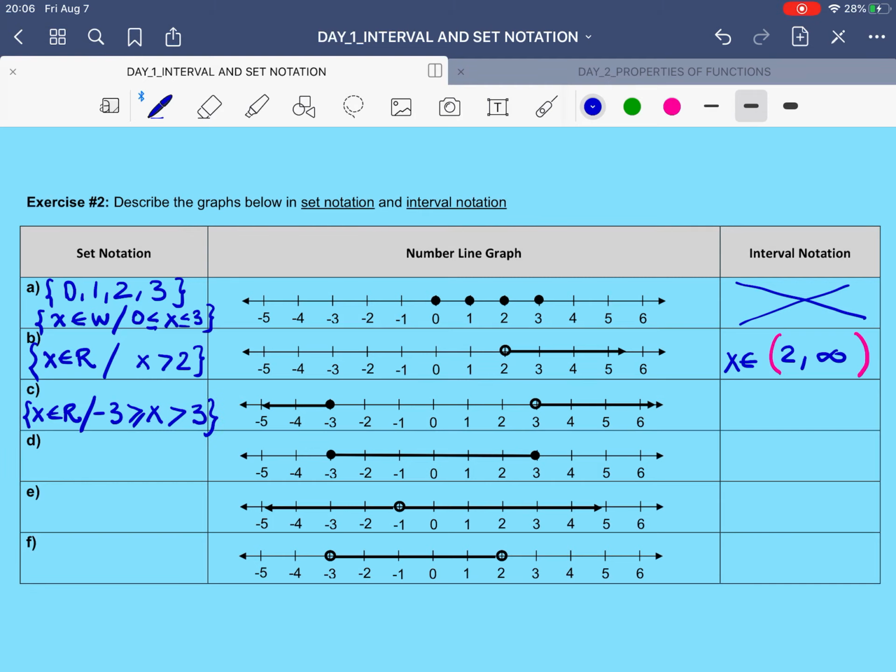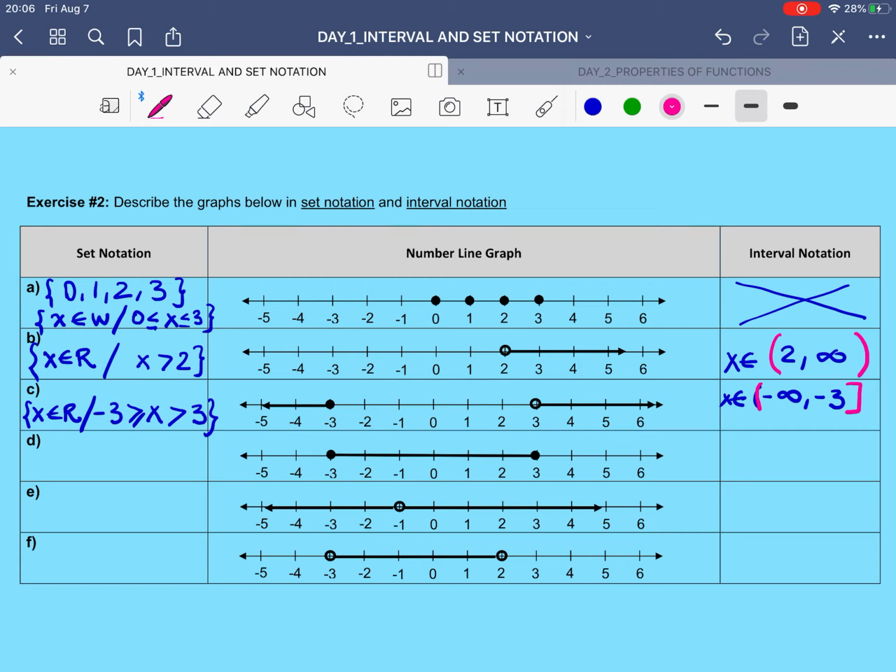Now, when it comes to interval notation, this will be an interesting way of presenting them because we have two intervals. So we start by writing again x belongs to, and we're going to write the first interval. Always write from left to right, so have an order, negative infinity, negative 3. And since negative 3 is included, then we're going to use the square brackets around it.